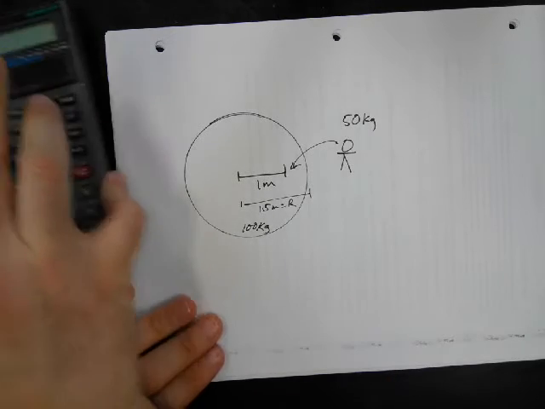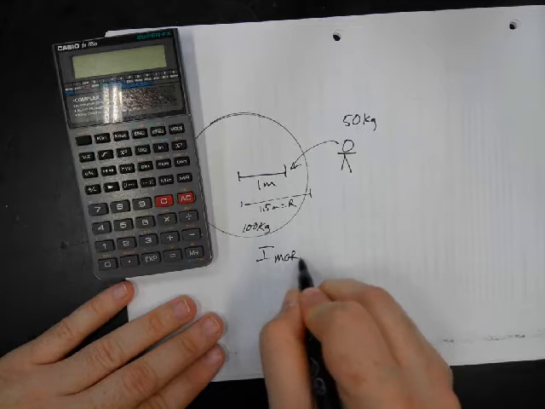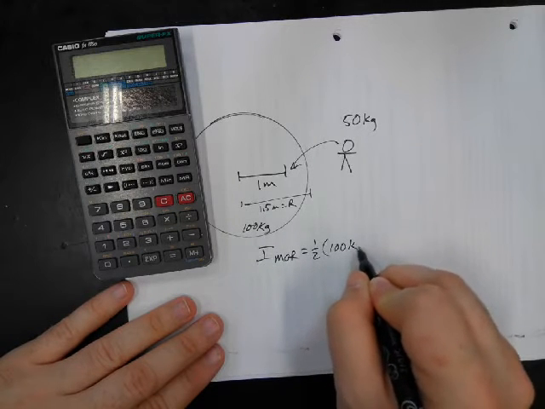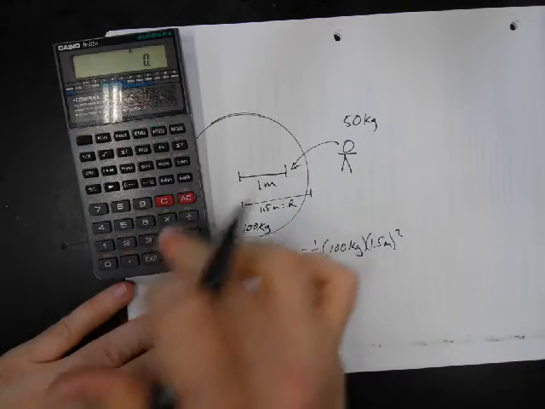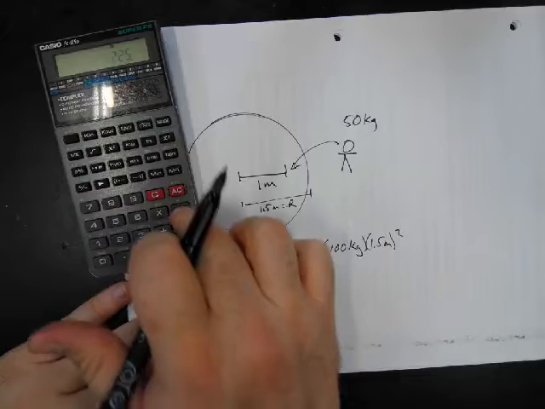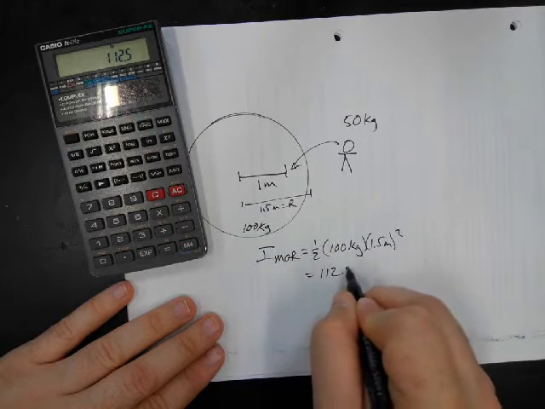Right? And so we're going to calculate the moment of inertia for the merry-go-round is 1/2 times 100 kilograms times 1.5 meters squared. And so we'll have 1.5 squared times 100 divided by 2 is 112.5.